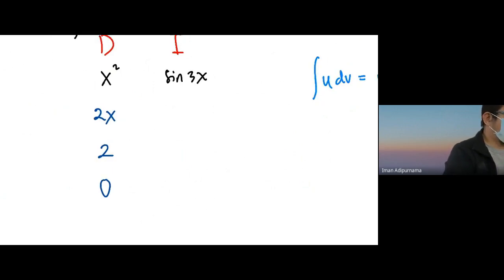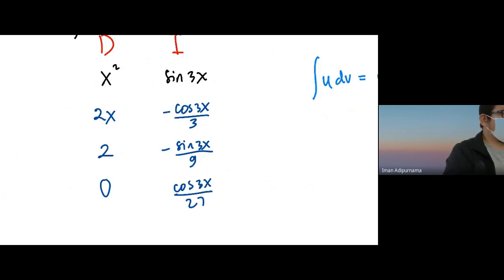This part we integrate, so it becomes negative cos 3x over 3. Integrate one more, it becomes negative sine 3x over 9. And integrate one more, multiplied by negative, it becomes positive cos 3x divided by 27.